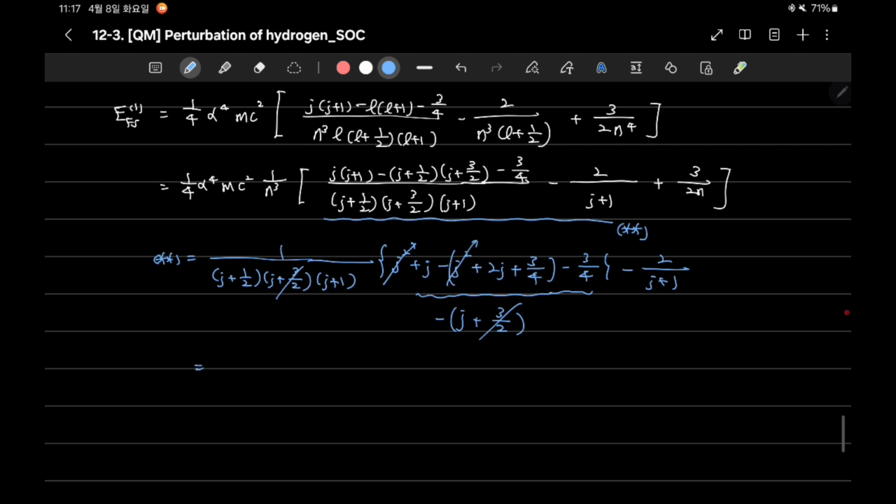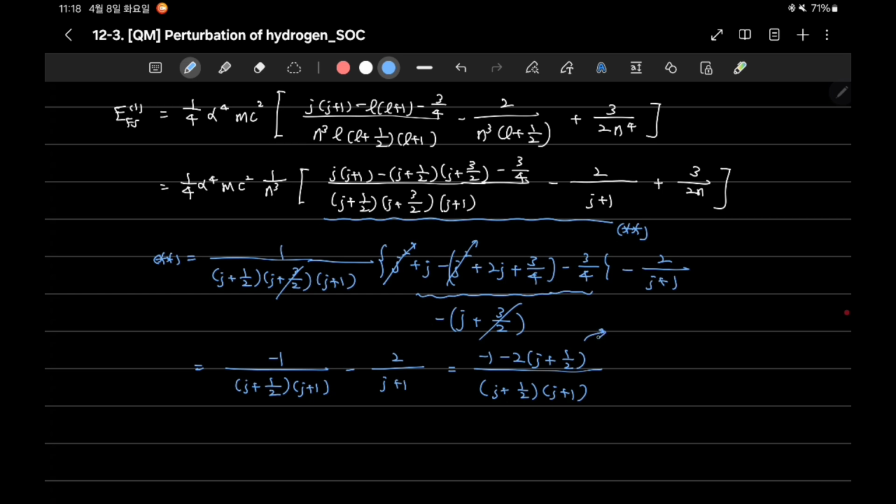So it is j plus 1 half, j plus 1, minus 1 minus j plus 1 half. Then it is j plus 1 half, j plus 1, and minus 1 minus 2 j plus 1 half.